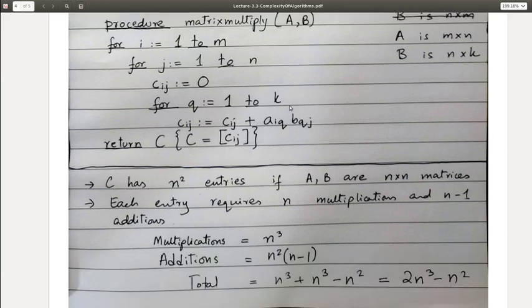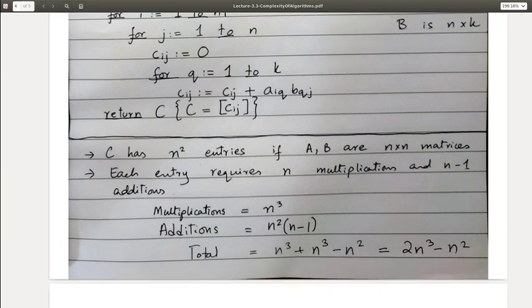You will be doing some multiplications and you will be doing some additions.